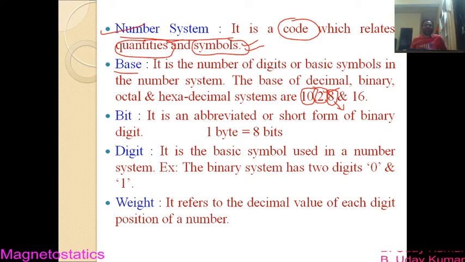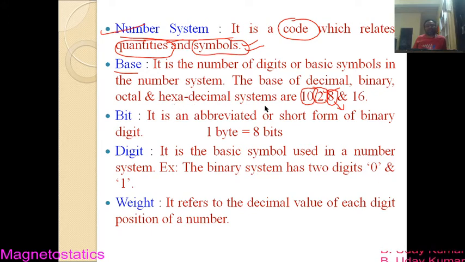So in octal we were having 8 basic digits or symbols, and hence its base becomes 8. Similarly, in case of the hexadecimal system, I already told you that it was having overall 16 basic digits. The octal system was having 8 basic symbols, and hence its base was 8.